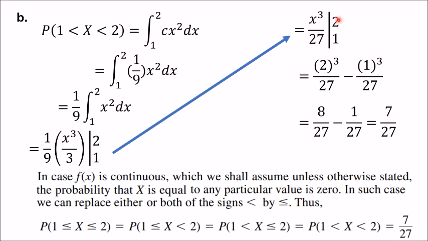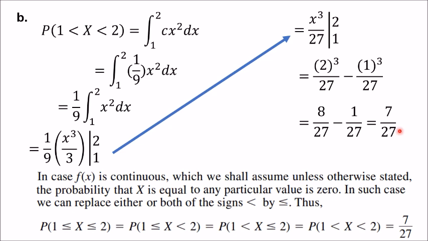Substitute 2 and 1 and subtract: 2 cubed over 27 minus 1 cubed over 27. 2 cubed is 8, so 8 over 27, and 1 cubed is 1 over 27. Subtract: 8 over 27 minus 1 over 27. These are similar fractions, so subtract the numerators: 8 minus 1 is 7. Copy the denominator.